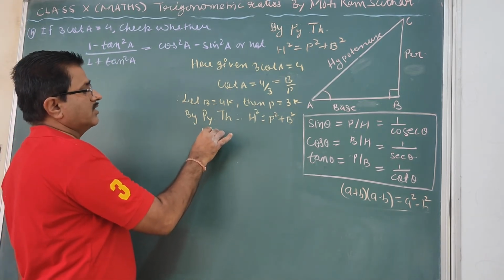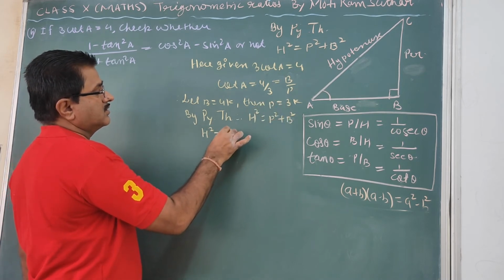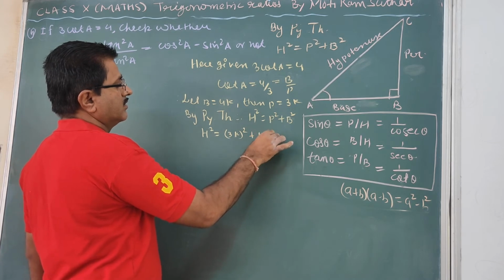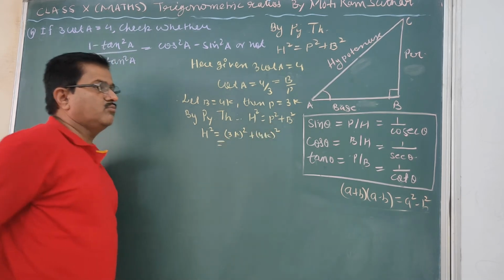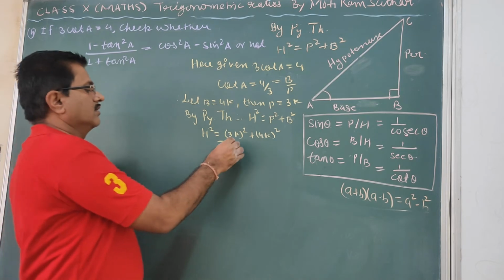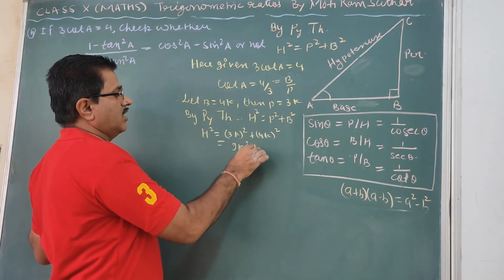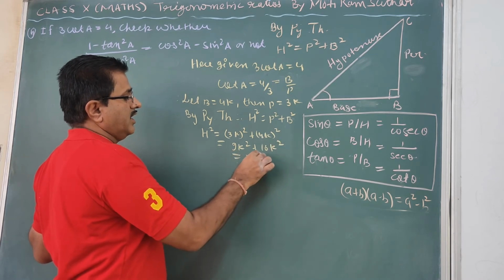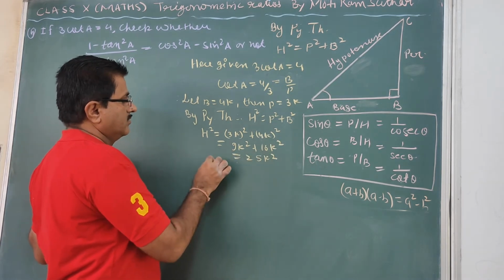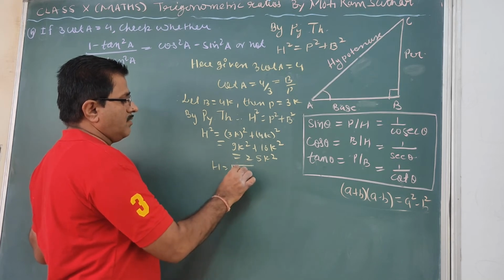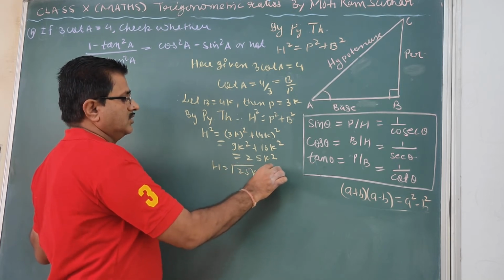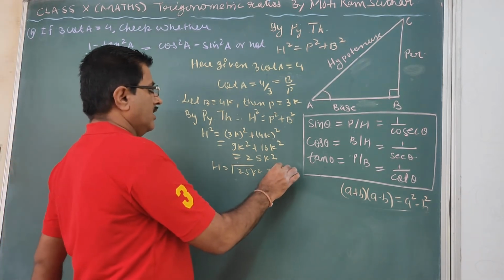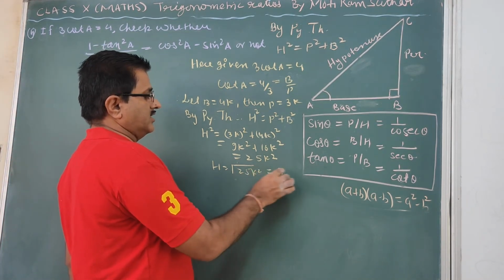So h square equals (3k) square plus (4k) square. Take the square of both and add: 9k square plus 16k square, so we get 25k square. So h equals root of 25k square. We know that root of 25 is 5, and the square root cancels the square.